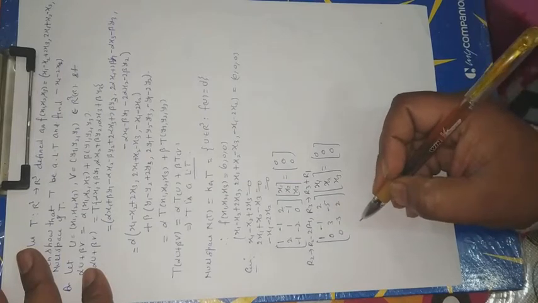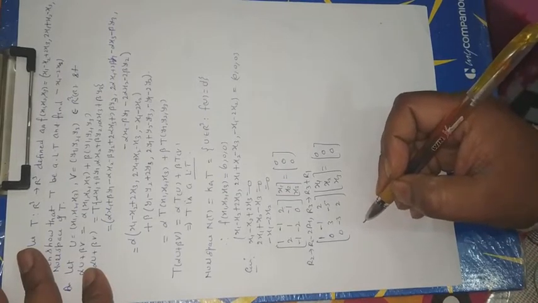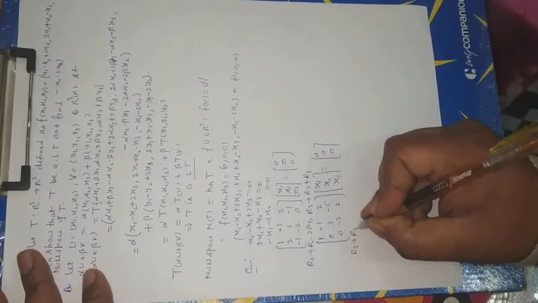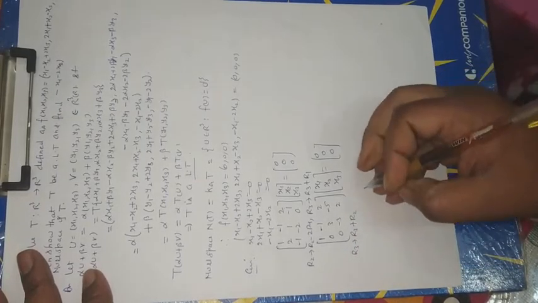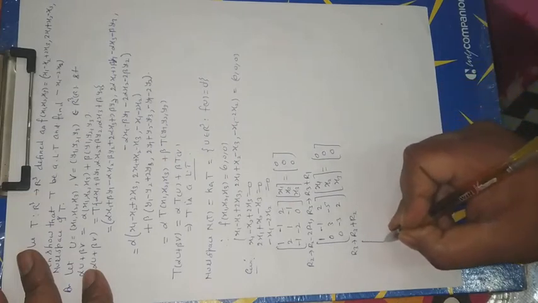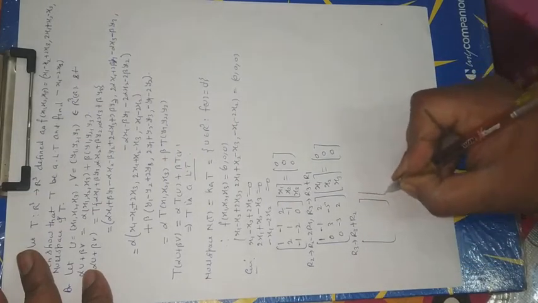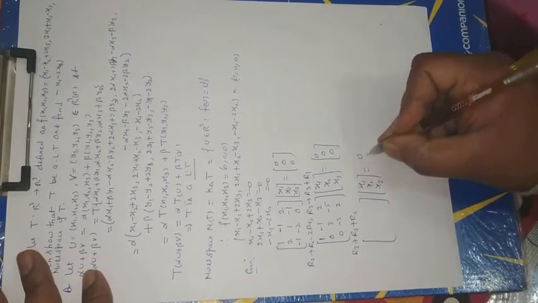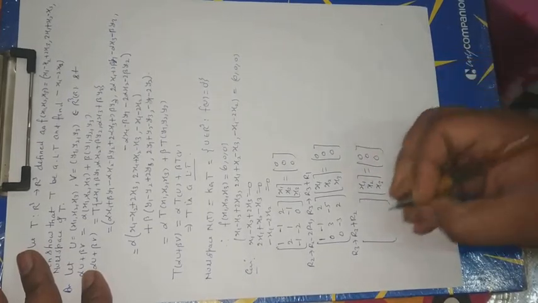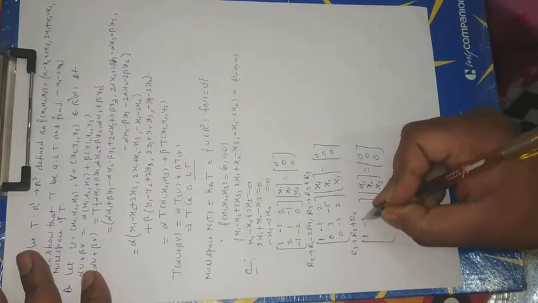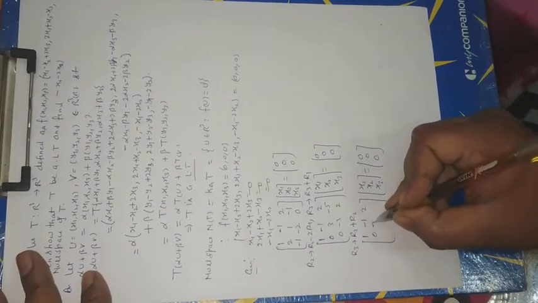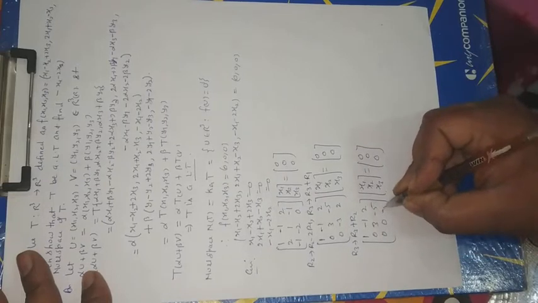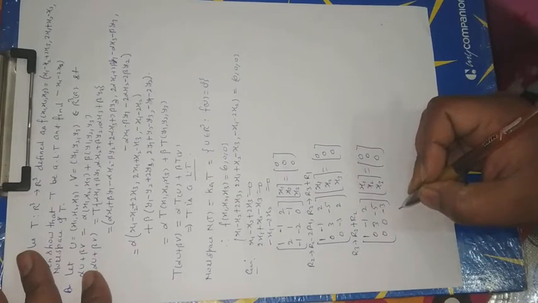Now here we add, that is R3 is equal to R3 plus R2. Now we get the matrix rows (1, minus 1, 2), (0, 3, minus 5), (0, 0, minus 3) times (x1, x2, x3) equal to (0, 0, 0). Okay, student.